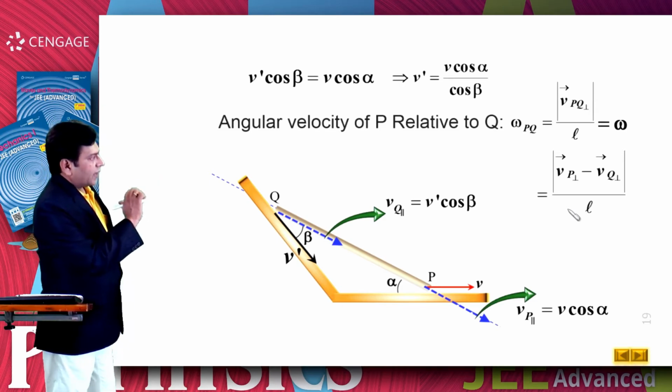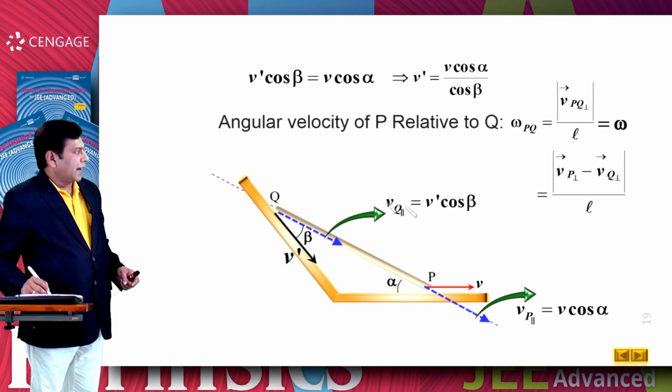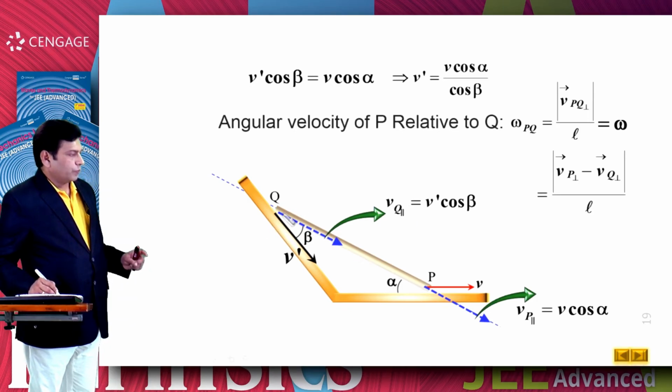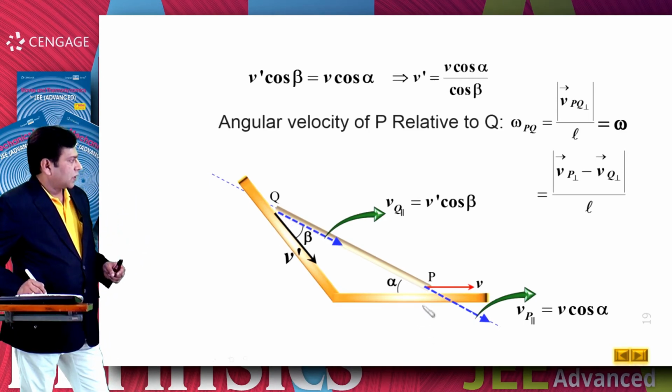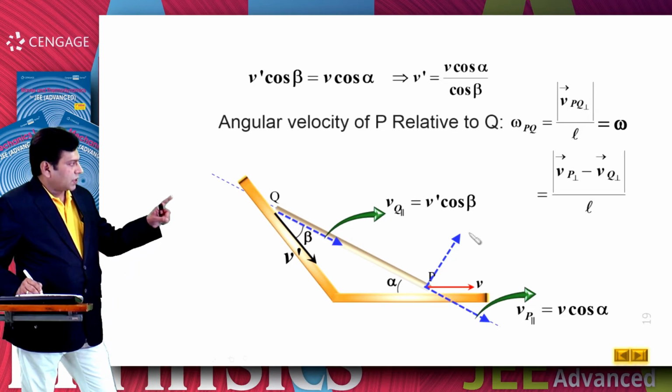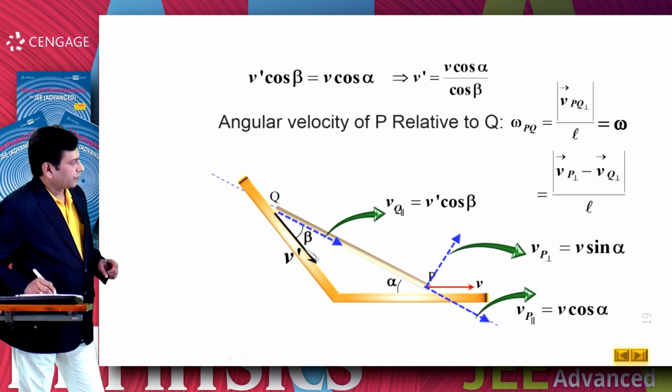Now we need to find the perpendicular component of P and Q, that is perpendicular to the line joining PQ. So let us find the components. This is the component of velocity of P perpendicular to the rod, and you know this angle is alpha, that means this component is equal to v sin alpha.